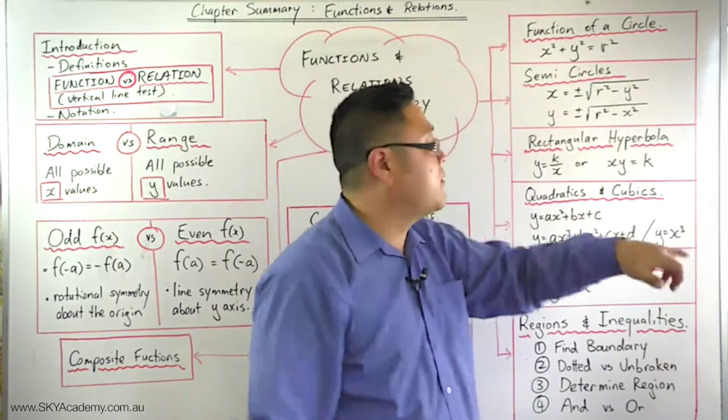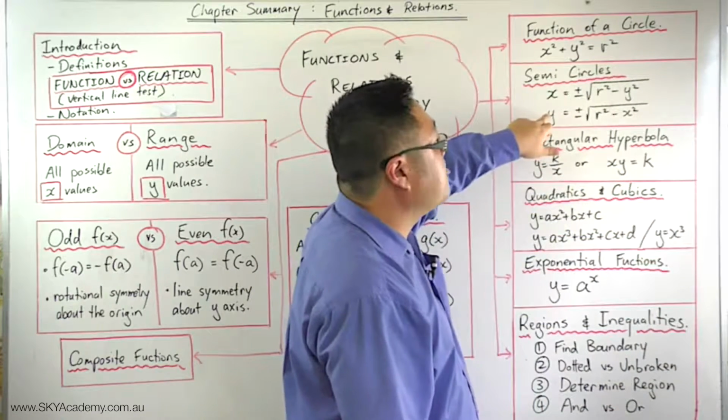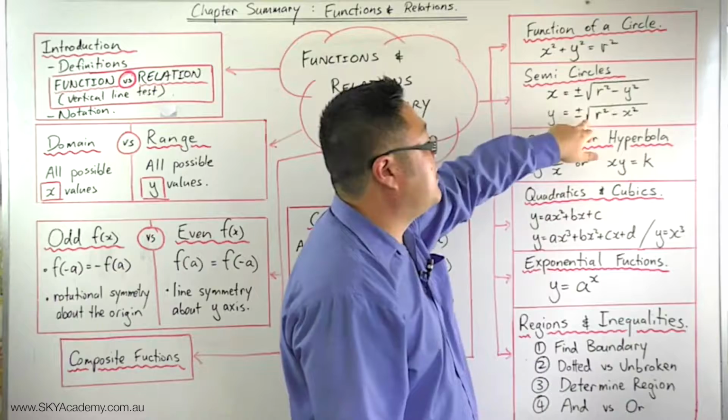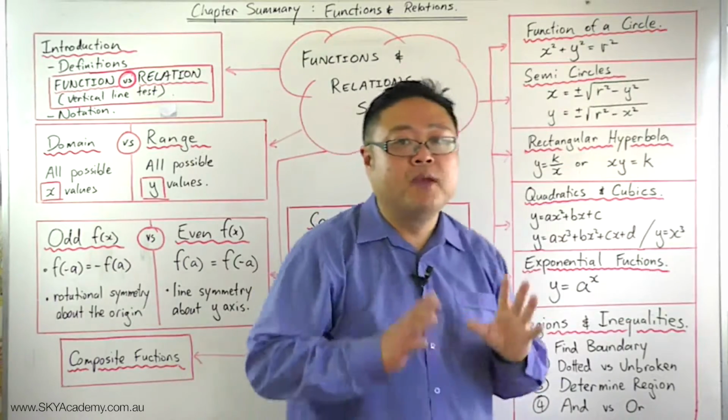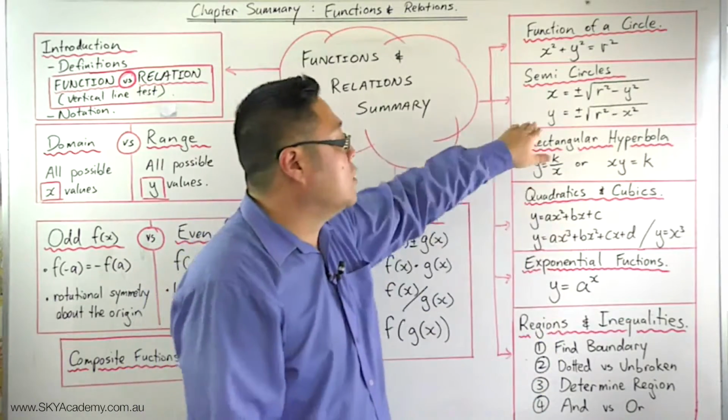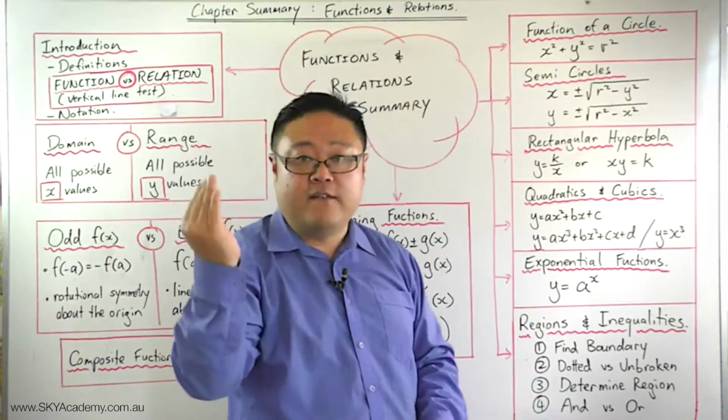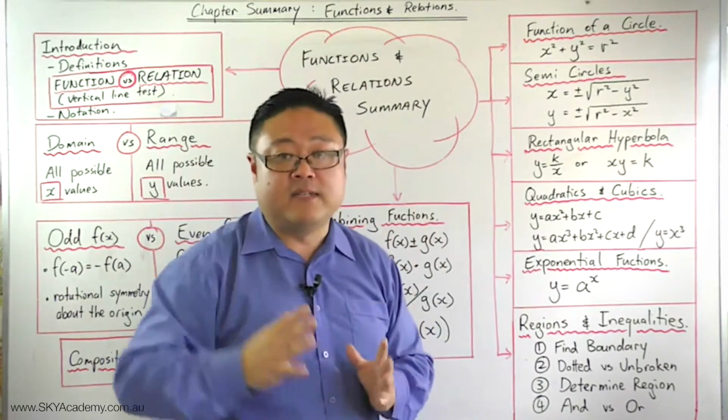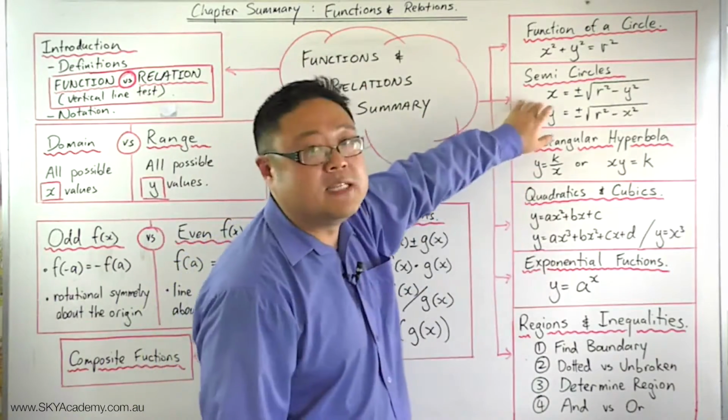Whereas for y equals plus or minus the square root of r squared minus x squared, you're looking at the top half and the bottom half of the circle. So we looked at semicircles.